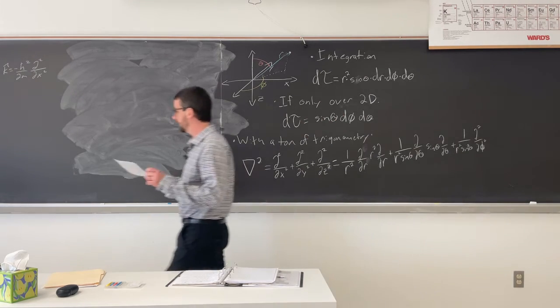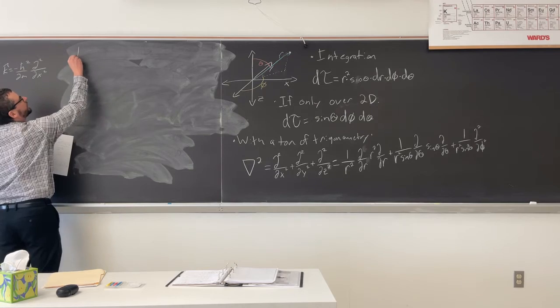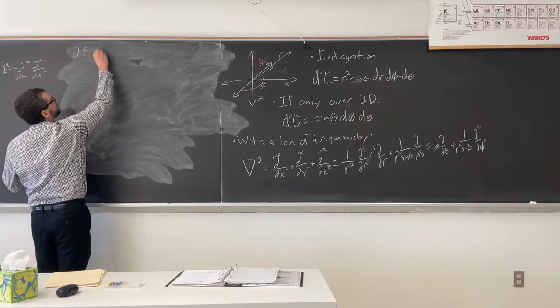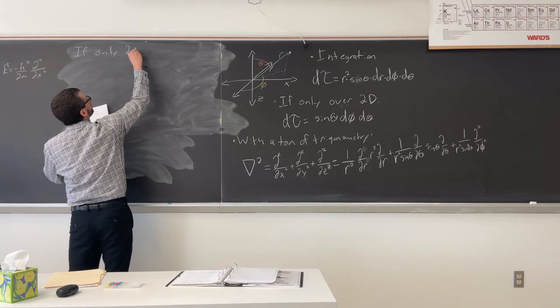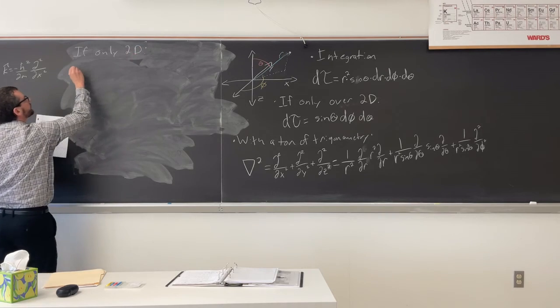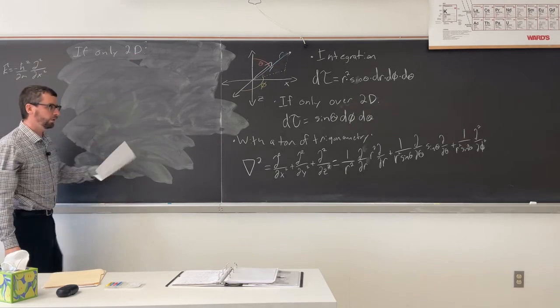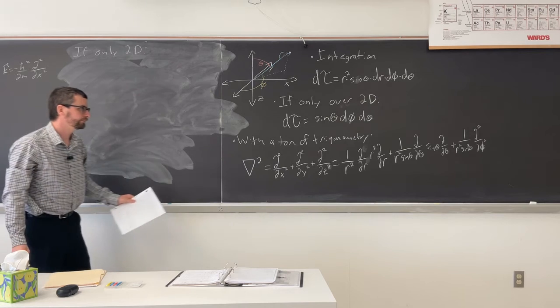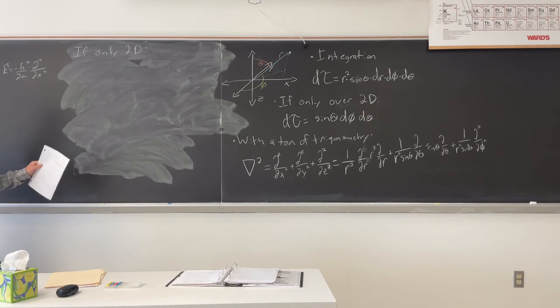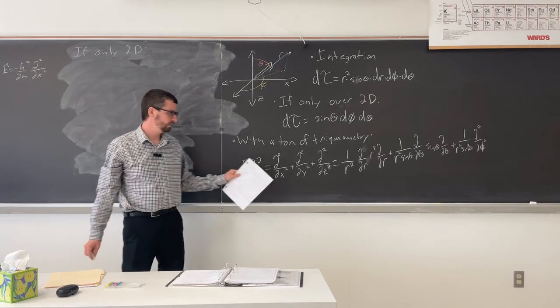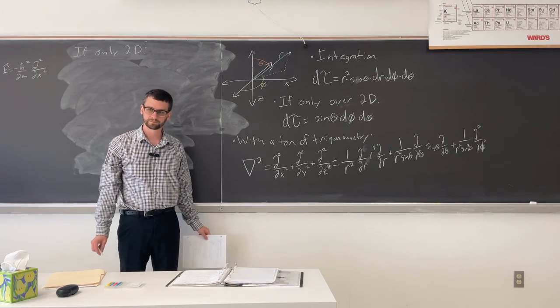Okay. If we're only talking about a 2D system, how would this change? So let's look at it in terms of Cartesian coordinates. If we only have 2D, what have we done in the past?